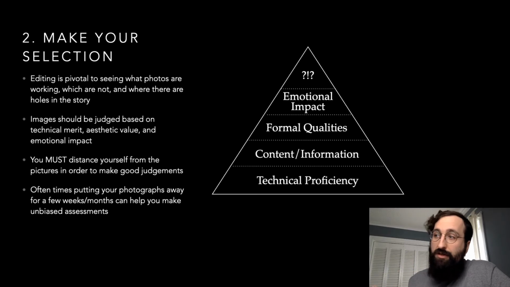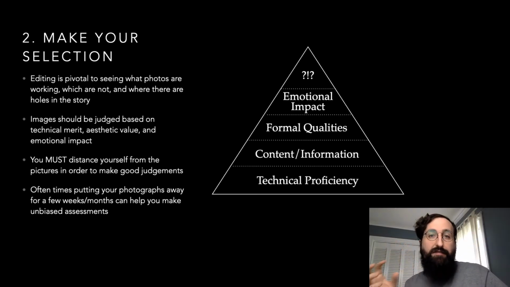And there are exceptions to this rule. Sometimes an image is not technically correct, it's out of focus, it's blurry and it's grainy, but because that is twisting and manipulating our presuppositions of what technical proficiency is, that might create a certain discomfort or emotional impact on our viewer.